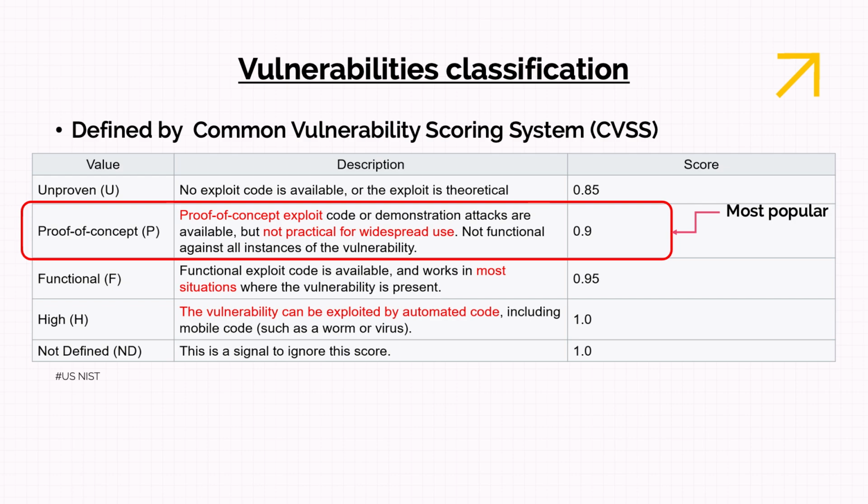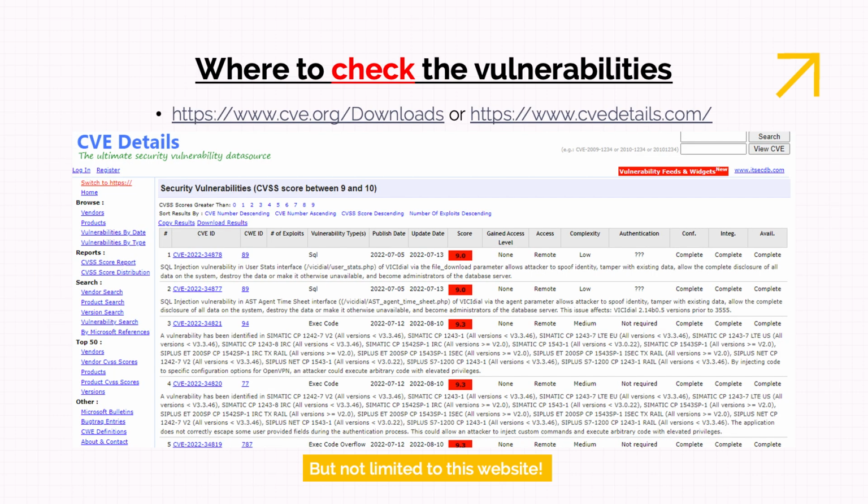That means the vulnerability is very high risk and can be exploited by the hacker. If the vulnerability score is up to about 1, that means someone has already tried to exploit it with some automated tool. So actually you can see this kind of score, the CVSS, on several websites, like CVE.